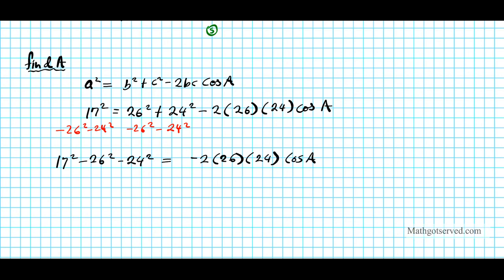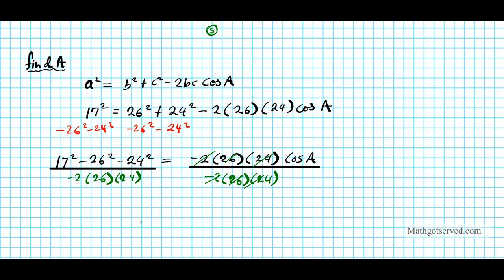And now to get cosine A by itself, I'll divide both sides by the coefficient of cosine A, which is negative 2 times 26 times 24. Let's go ahead and do that. So divide the left side by negative 2 times 26 times 24 to get cosine A by itself. And on the right side, negative 2 times 26 times 24, so these divide out.